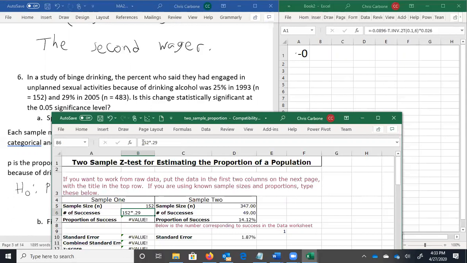There we go. I did 152 times 0.29. I forgot the equal sign for that one. And the second one, this will be 483. And number of successes, we want that to be a... I used the wrong number, didn't I? We want this to be 25. I put 29. We want this one to be 29.